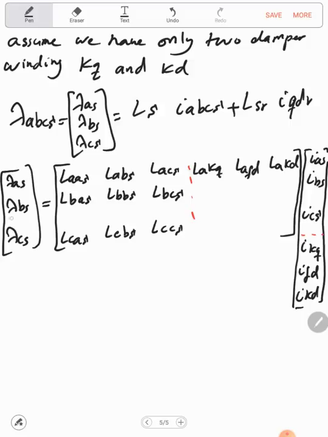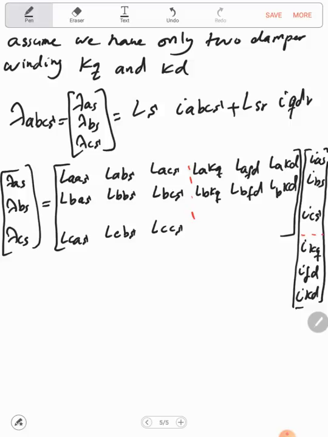So simply here this will be phase B, and this the first one in the KQ current. So this will be the LBKQ, this will be the LBFD, this will be the LBKD.